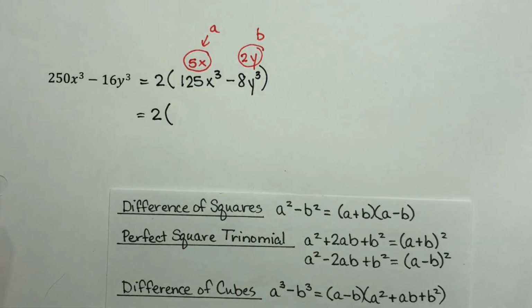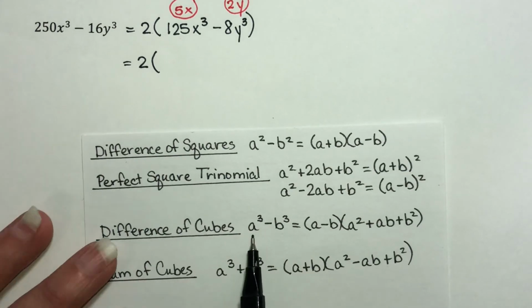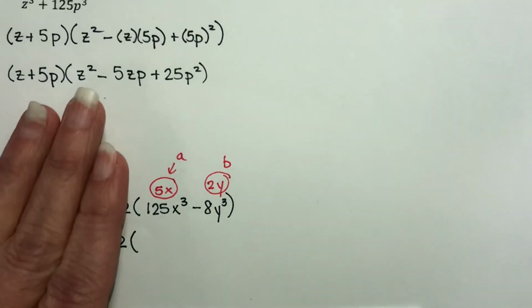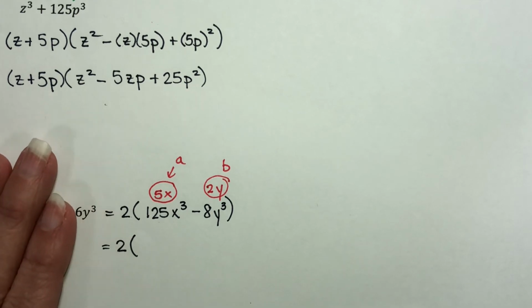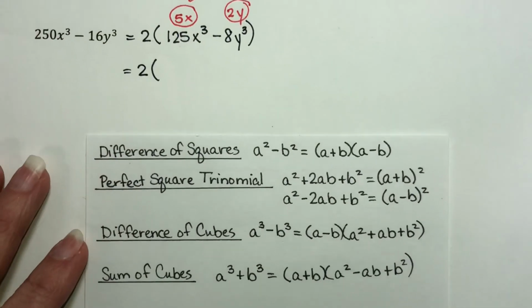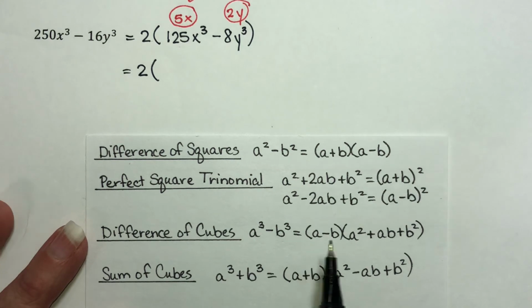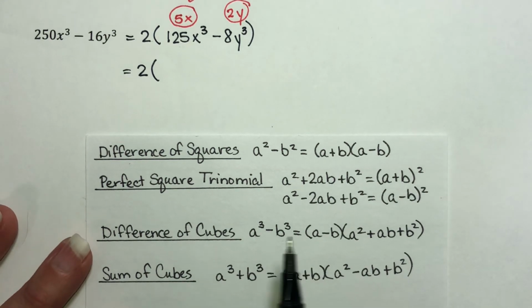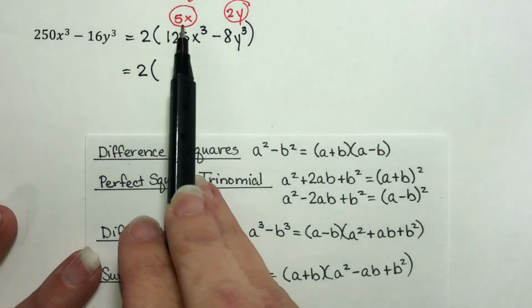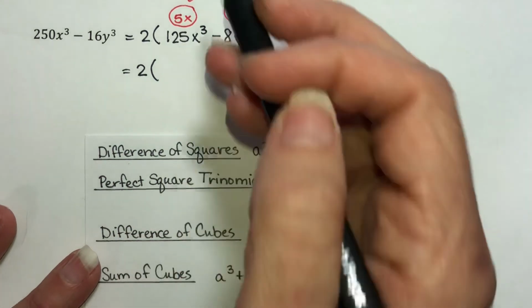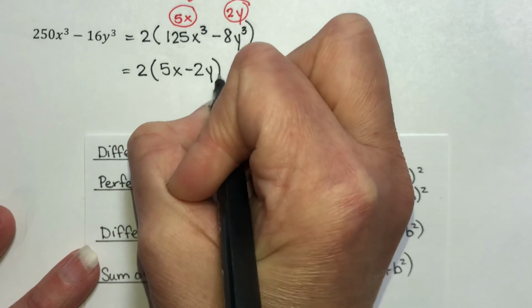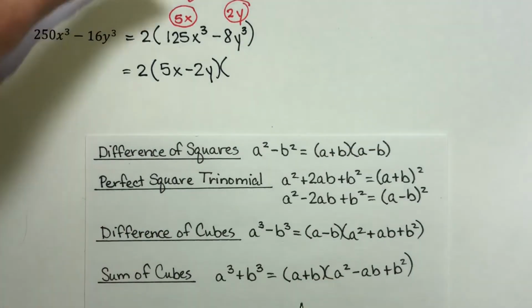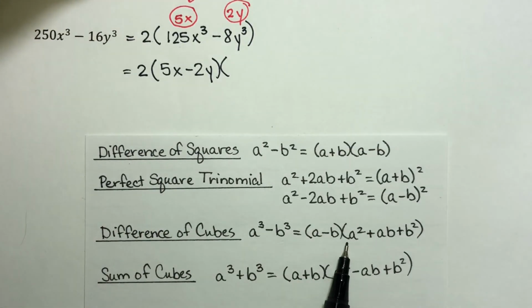times. Okay, this is a difference of cubes, and it works exactly the same way as this one did. Your signs are going to differ just a tiny bit. Okay, so with a difference of cubes, you do a minus b. This sign matches this sign. So this is going to be 5x minus 2y times, okay, a squared.